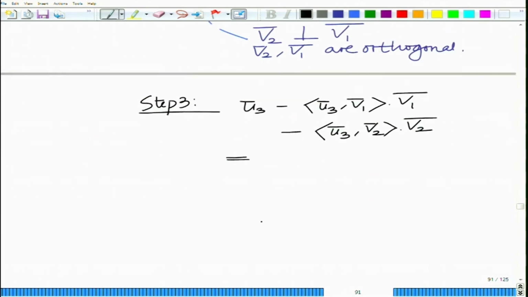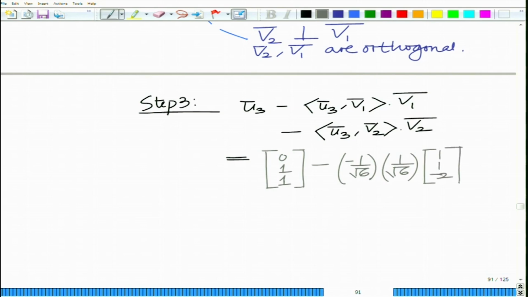U3 bar is, as we have seen, the vector 0 1 1, minus the projection: the inner product is minus 1 over square root of 6, times 1 over square root of 6 times 1 1 minus 2, that is your V1 bar, minus 1 over square root of 2, that is the projection, times 1 over square root of 2 times minus 1 1 0.